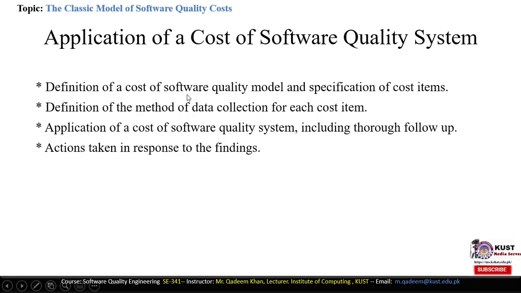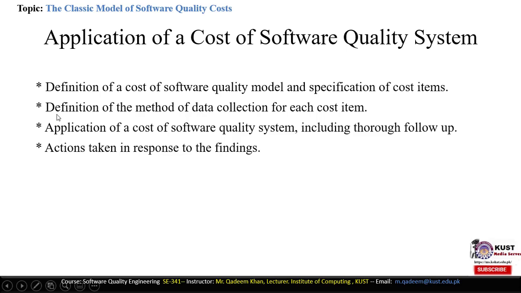So here first we need to completely define all the steps in the cost for software quality, and the specification of cost items and all the item specifications, and the cost that occurs on the specification of these items.